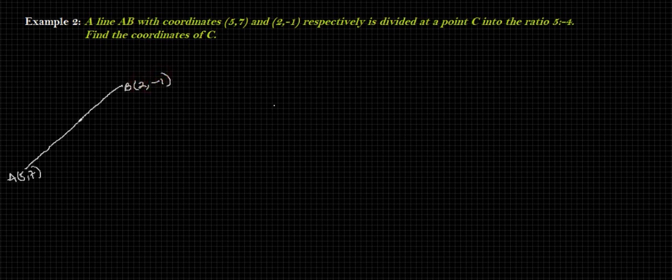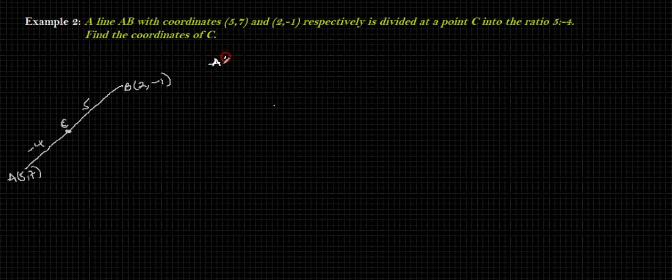Then we have a point dividing the line into a given ratio. We have the point C here. It divides the line into the ratio of 5 and minus 4 respectively. So let's put minus 4 here and let's put 5 here respectively. From here we can bring out our information.